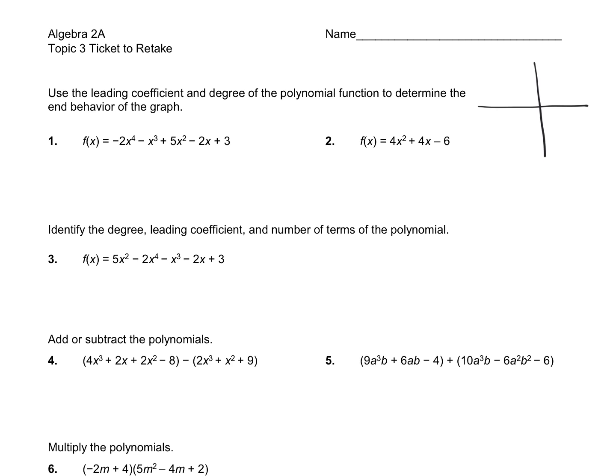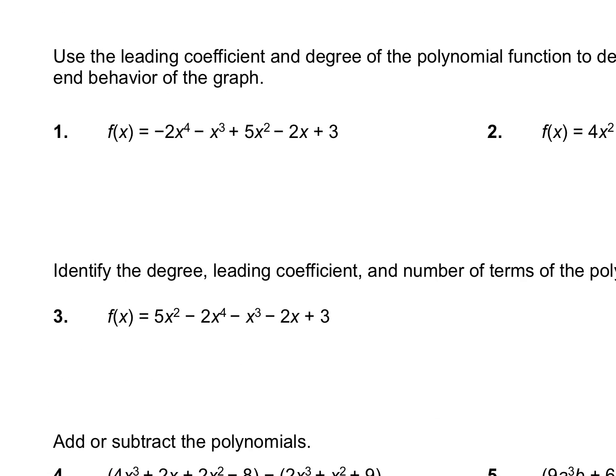So number one, here's our polynomial function. We want to check to make sure that it's in standard form. Standard form is the highest exponent first, and then it goes in descending order. So when we're in standard form, then our leading coefficient and degree are both coming out of this leading term right here.